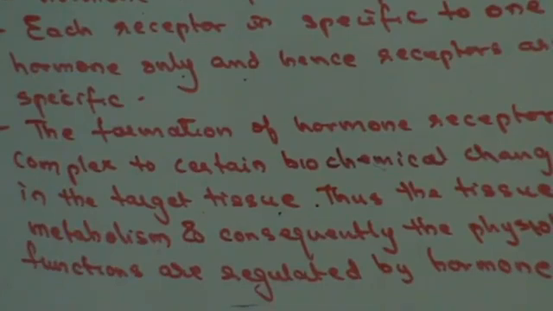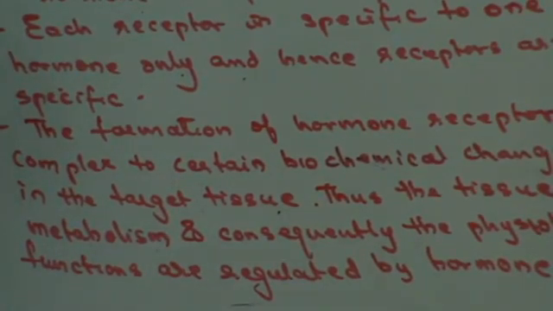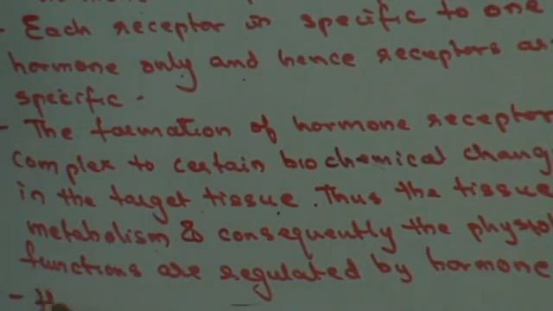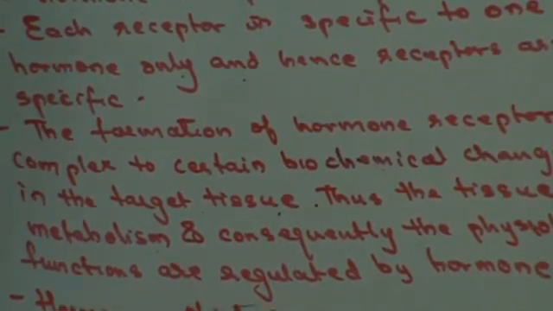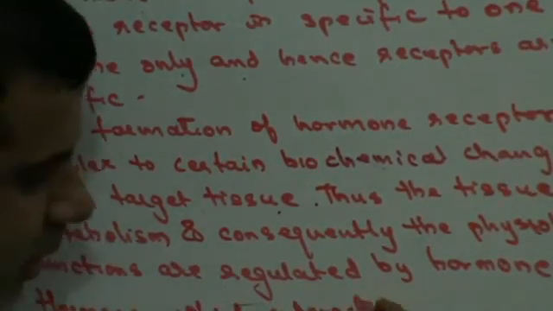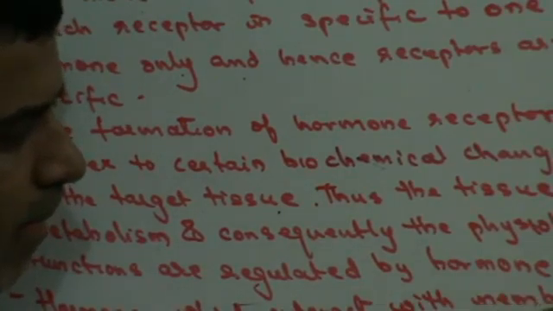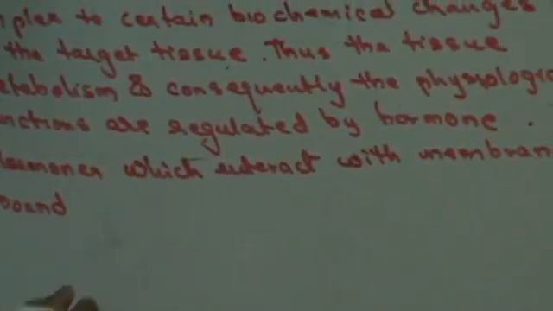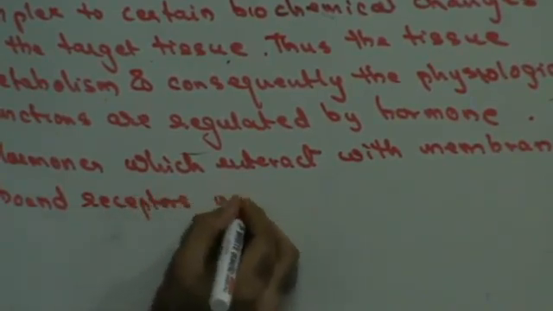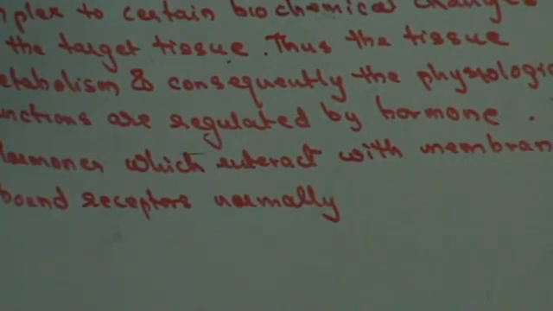Now let's see how the hormone receptor complex is formed. I said that hormones could either interact with the membrane or would be intracellular. Let's first see hormones that interact with the membrane. Hormones which interact with membrane bound receptors normally do not enter the target cell. As soon as they react with the membrane receptor, they generate secondary messengers, which then enter the cell and perform the given function.